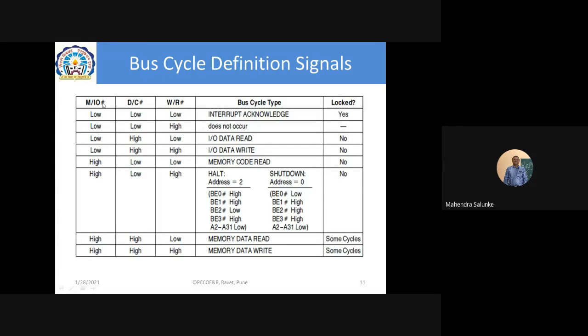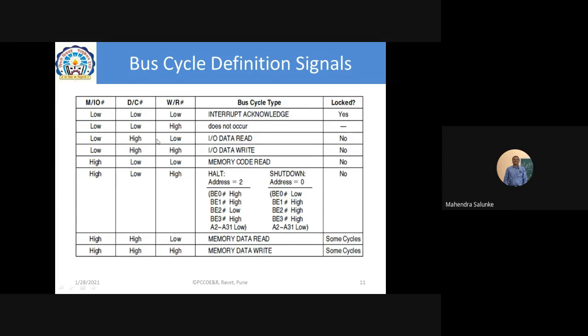This is IO bar, so it should be low. This is a data operation, so D/C bar must be high. And as this is a read operation, W/R bar must be low. So whenever the processor is executing an IN instruction, the scenario on these three pins will be low, high, and low.